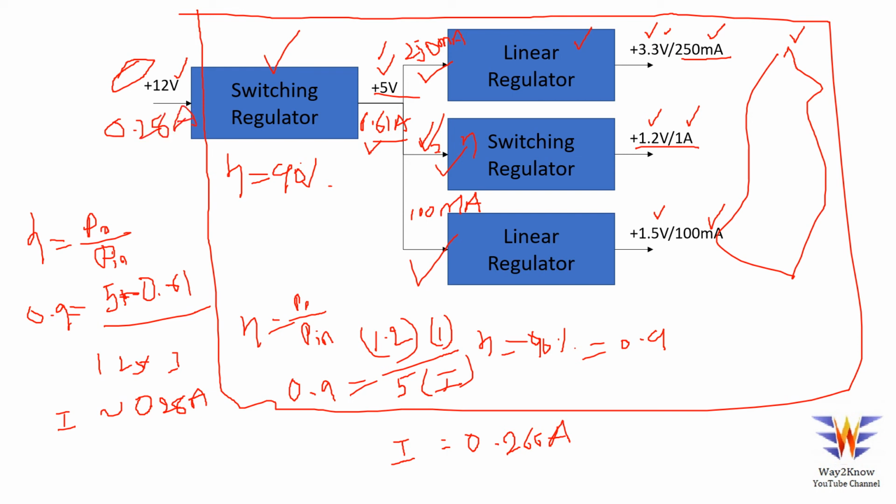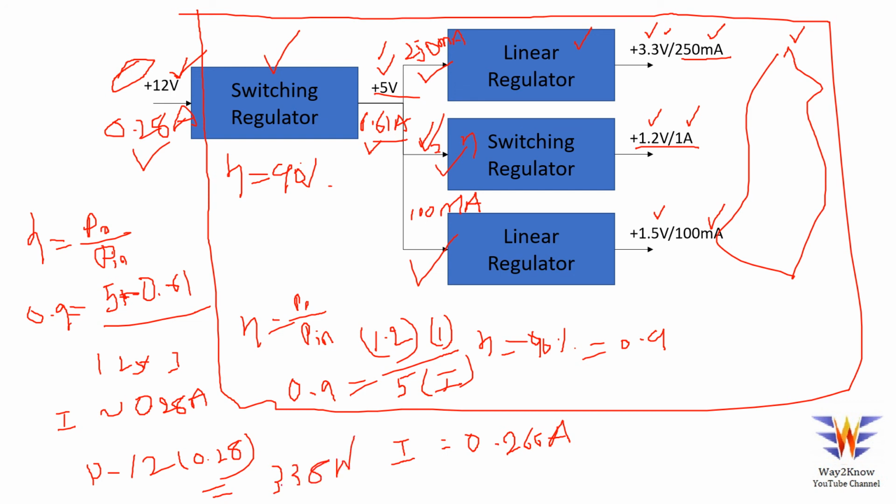So as we said in the first slide, we know the input voltage, we know the input current. So now if you do 12 into 0.28, which is power, which gives 3.38 watt.